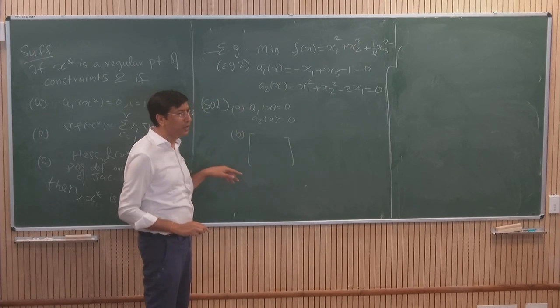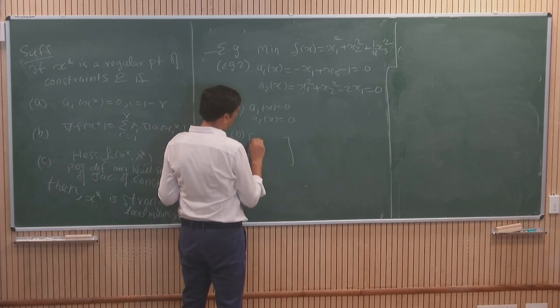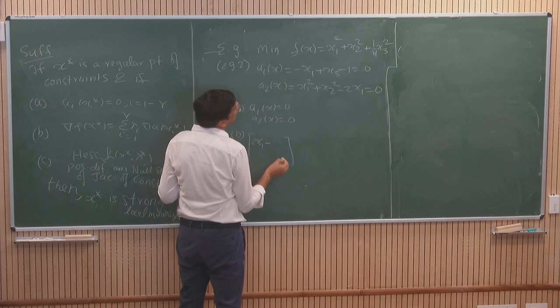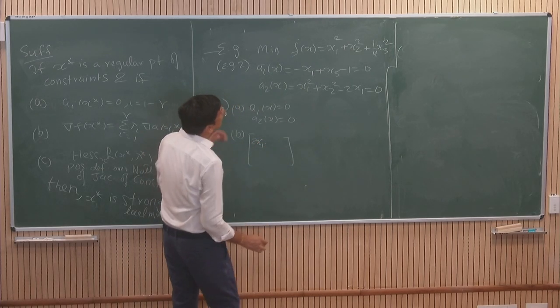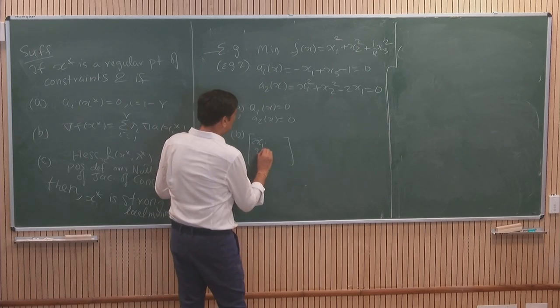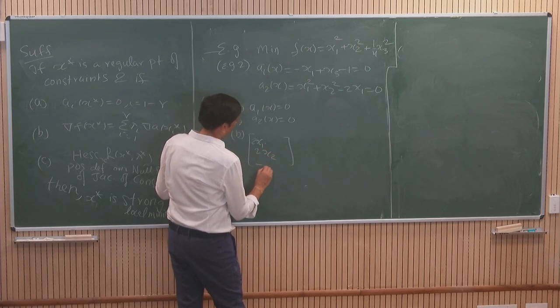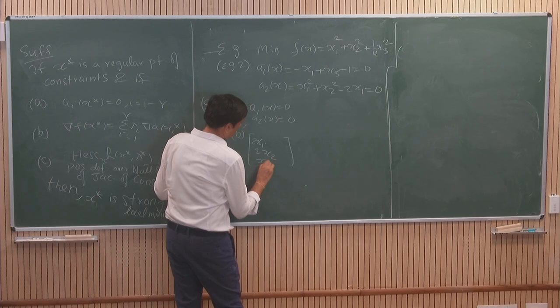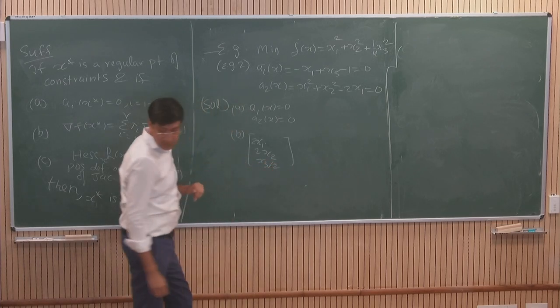I'm going to write it down again one more time. So the gradient of the function is 2x1, 2x2, and x3 over 2. It's all plus.